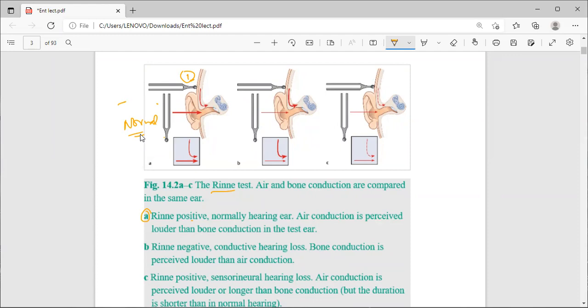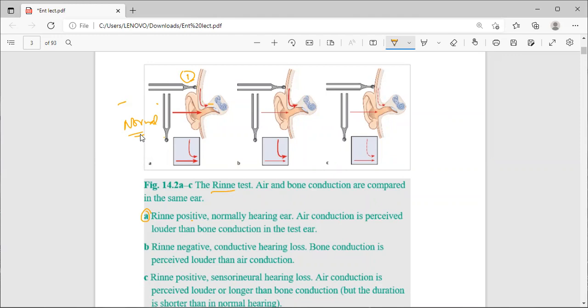So bone conduction will occur through the mastoid bone into the inner ear. You will ask the patient to tell you whenever he stops hearing through the mastoid bone. So the patient will tell you that now I have stopped hearing through the mastoid bone, through bone conduction.